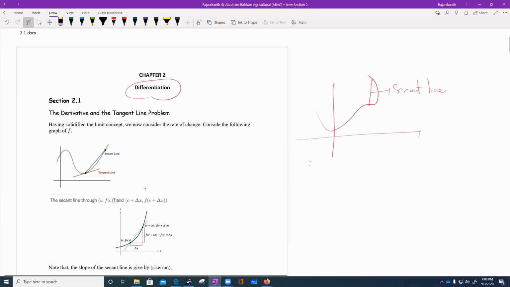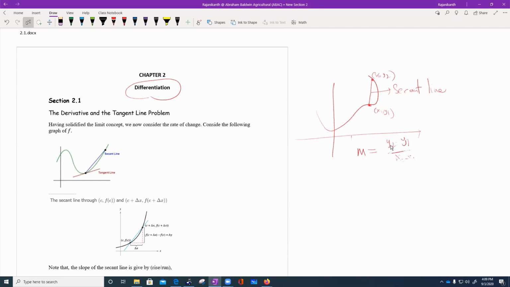So if you know 2 points, say this is x1, y1 and this is x2, y2, then we know how to find the slope of this secant line. The slope m is given by y2 minus y1 over x2 minus x1.